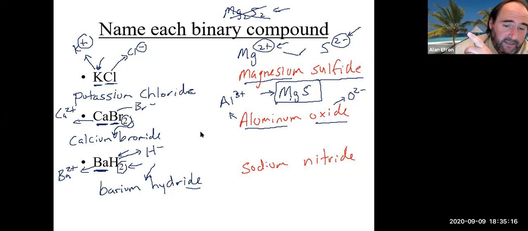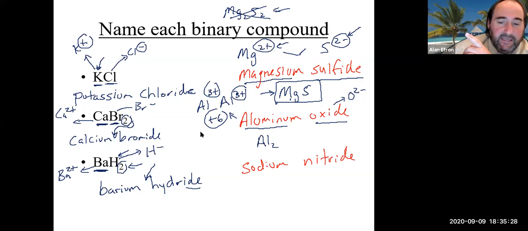So that is the common number. To get my aluminum to 6, I need 2 of them. That tells me I have 2 of these aluminums, +3 and +3 gives me +6. To get my oxide to 6, I need 3 of them. That tells me I have 1, 2, and 3 of them, -6. Everybody's balanced, and this would be the correct formula.